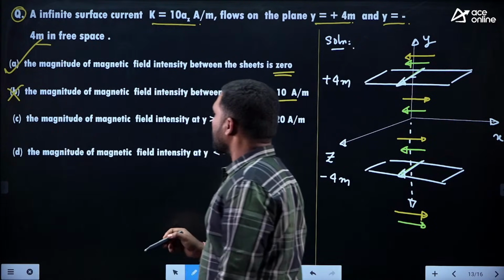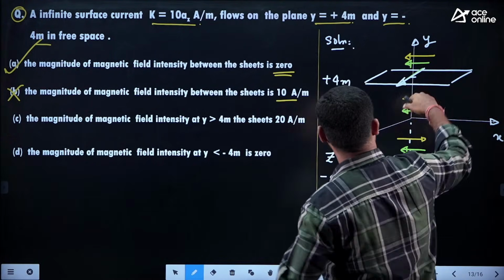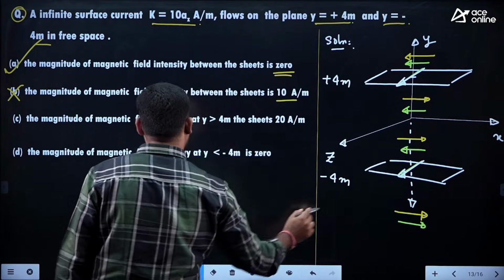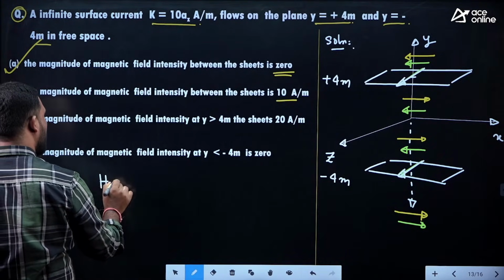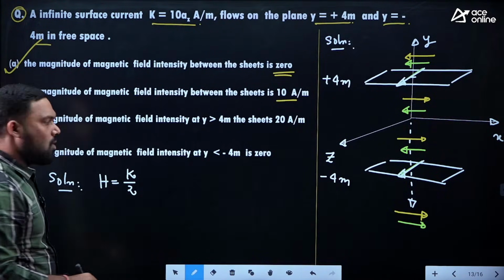Next, the magnitude of magnetic field intensity at y greater than 4 meters, that means outside, that is 20 ampere per meter. What is the magnitude formula? The magnitude of the magnetic field intensity due to each sheet is K by 2.